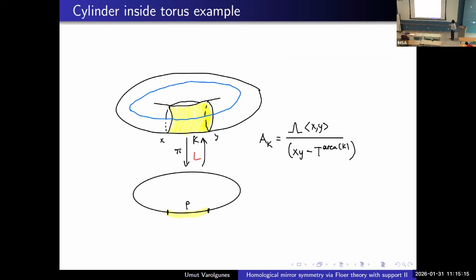So let's do it for the torus. For the torus, I can just use this fibration to a circle, and I have a Lagrangian section, the blue Lagrangian. First of all, if you compute the local algebras of the blue Lagrangian on cylinders, you get functions on this non-Archimedean annulus.